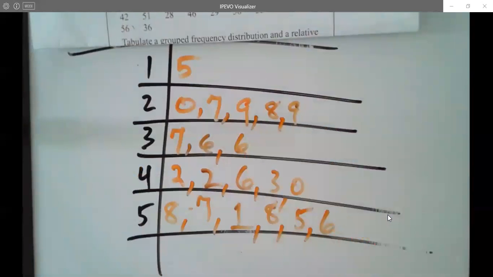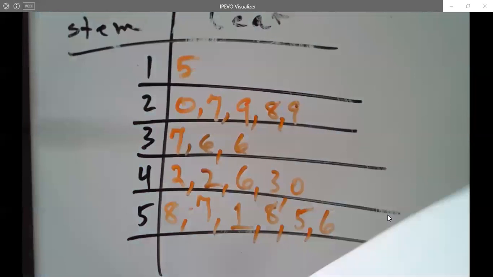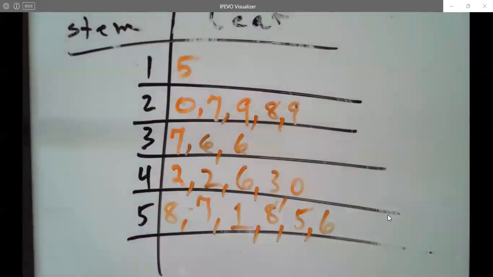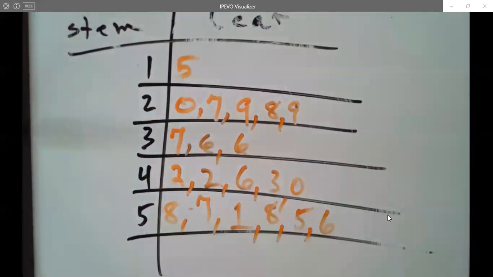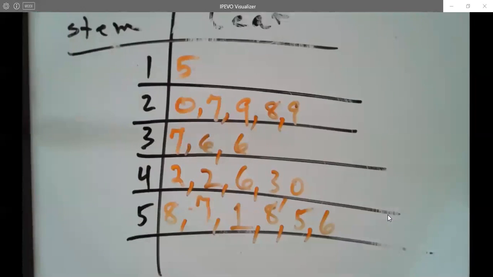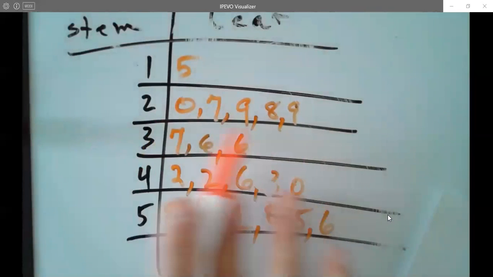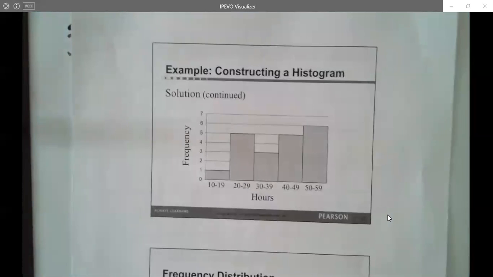So if you look, the stem and leaf display looks very much like the histogram that we just did, except it's going horizontally instead of vertically.